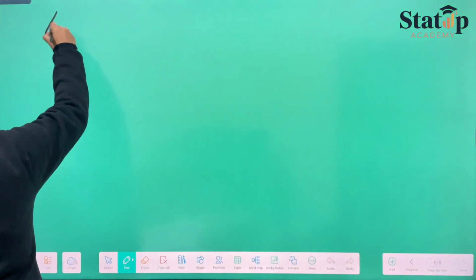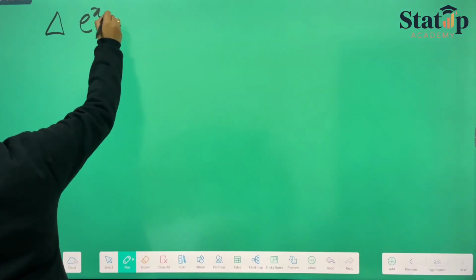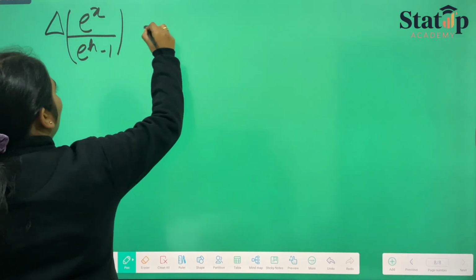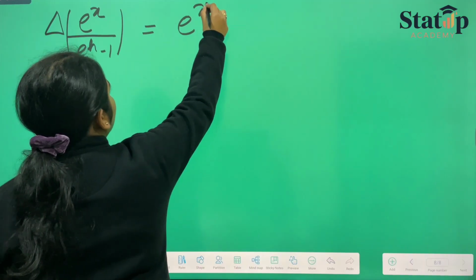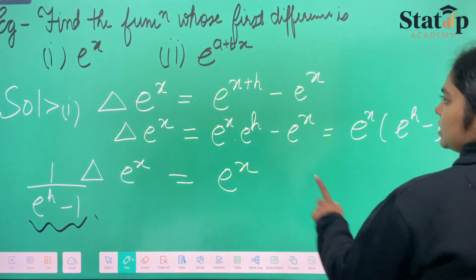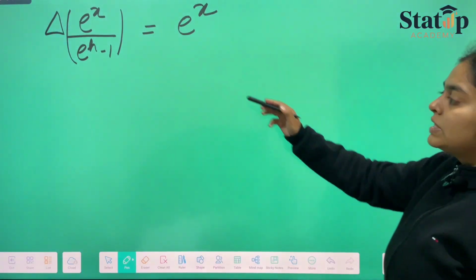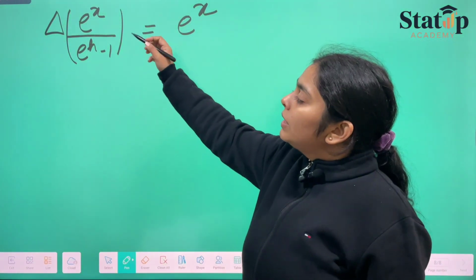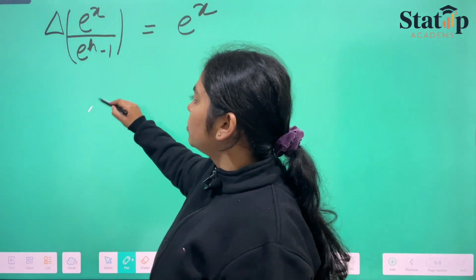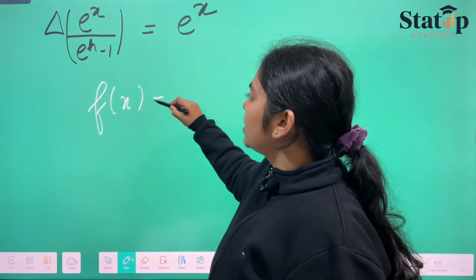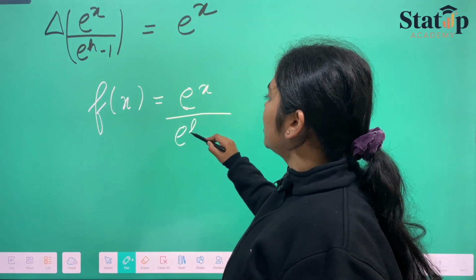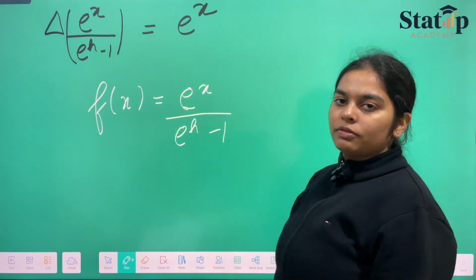So we can write delta of e raised to the power x upon e raised to the power h minus 1 equals e to the power x. We have been given in the question that the first difference is e raised to the power x. If we see clearly, the first difference of this function is also e raised to the power x, so our function would be f(x) equals e raised to the power x upon e raised to the power h minus 1. This is our function.